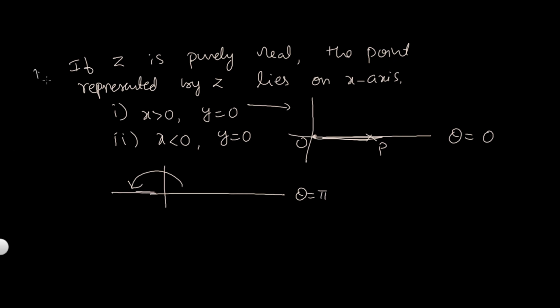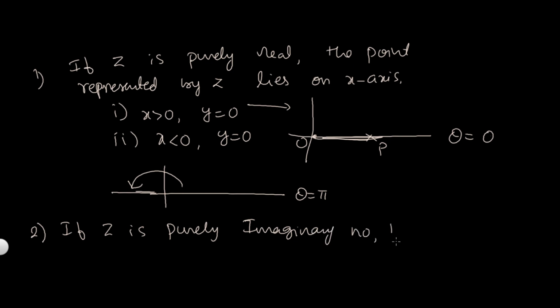Write down the first question and the second one. Suppose z is purely imaginary number, then the point represented by z lies on the y-axis.